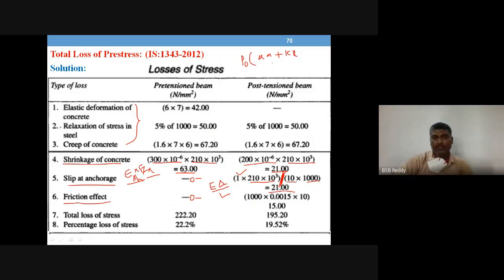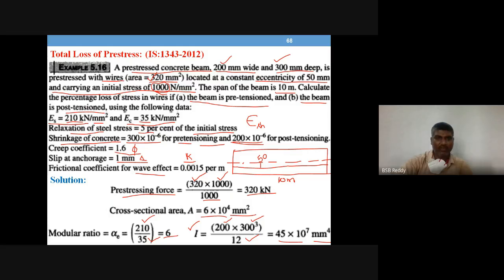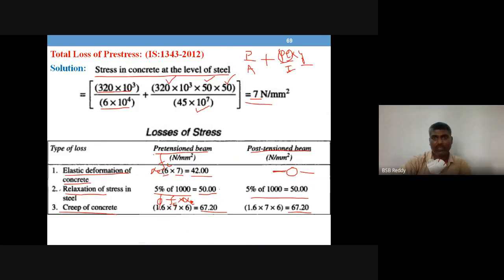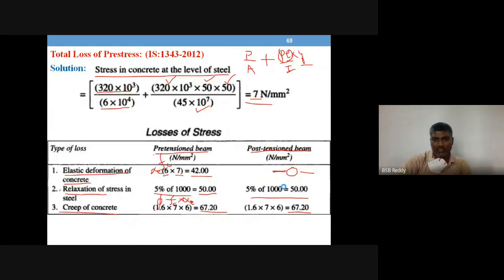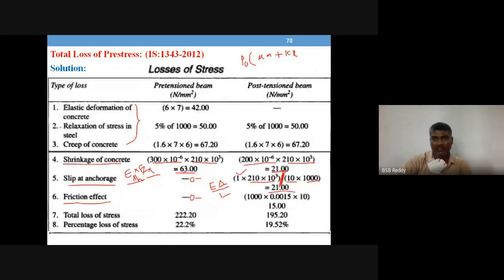Whether the friction coefficient is given or not, you can assume something like 0.5 or 0.30, or take it from the IS code. As the cable is straight, having constant eccentricity, the slope is 0, alpha is 0. So that's why the first part of the equation is 0.